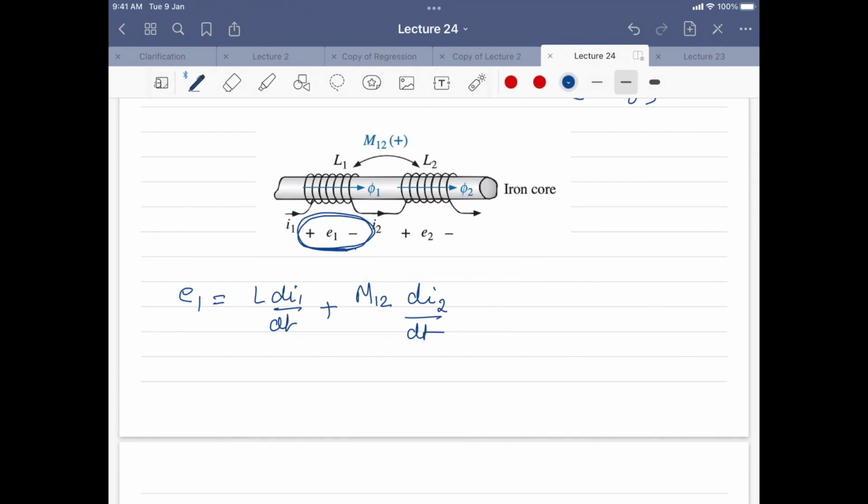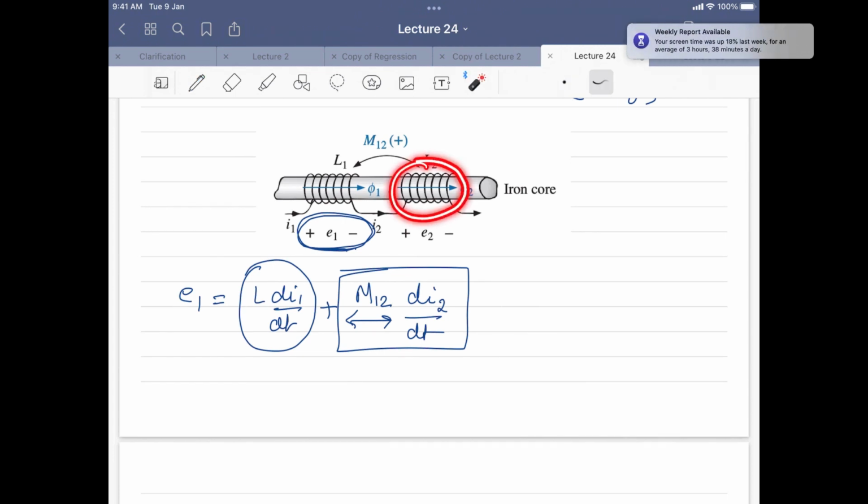Here you see, this is the primary flux related to the E1, the L1 inductor, and this is the mutual inductance M12 times di2 by dt, because this inductor will be creating a flux phi m in this.